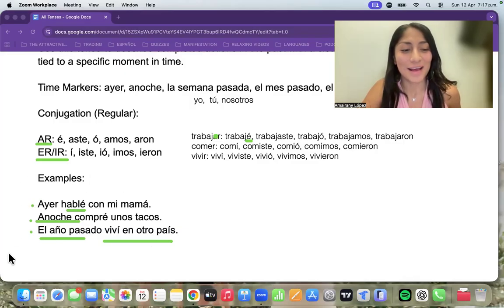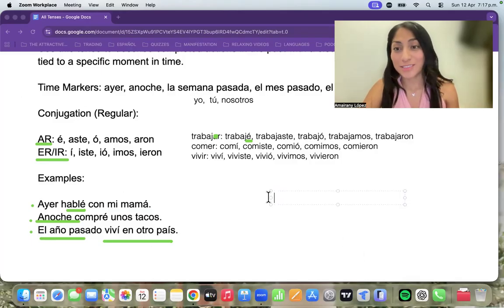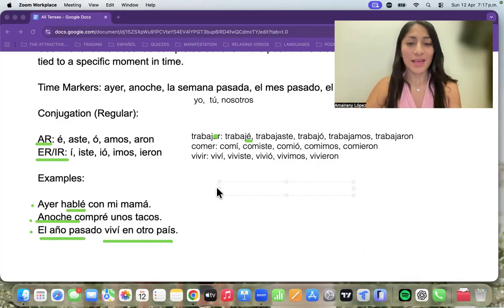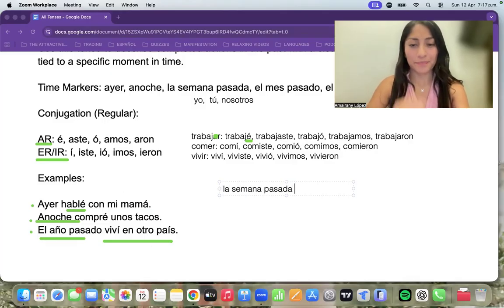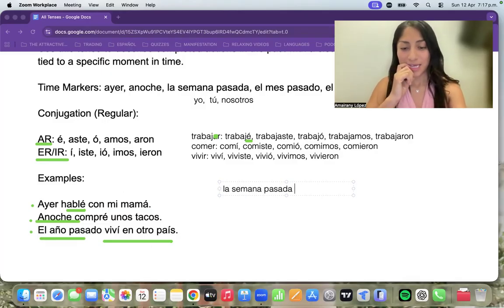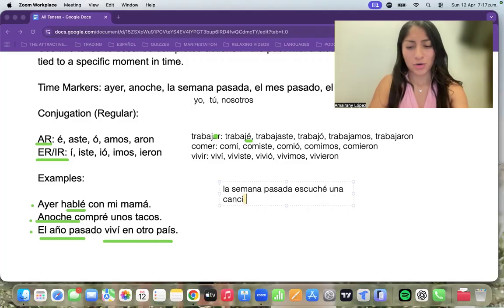Awesome. So again, I'm going to challenge you to create your own sentences here. I would say la semana pasada escuché una canción nueva.